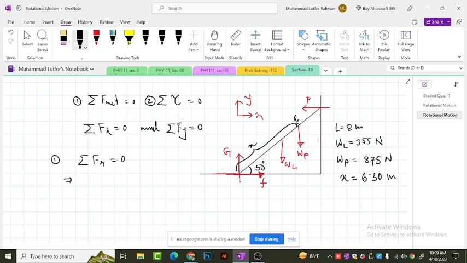Sir, how did the net torque value become 0? I cannot hear you. Sir, how did the torque value become 0? Oh, so it said that. Since it is static equilibrium, the ladder is not moving, right?